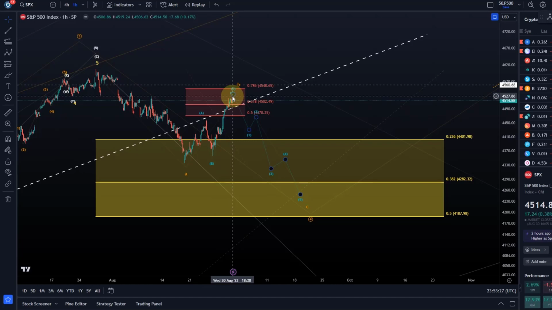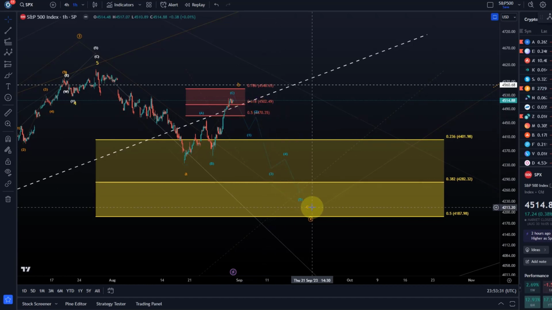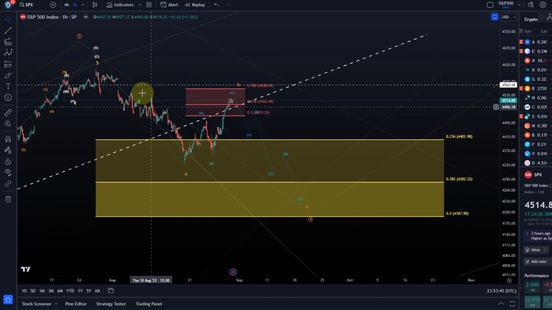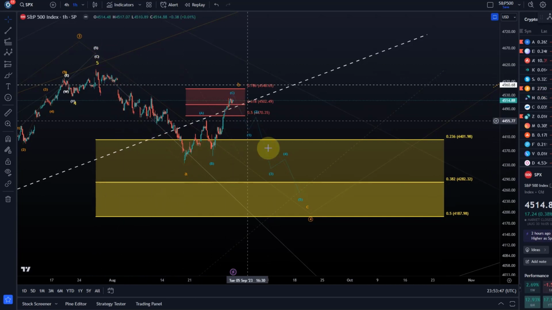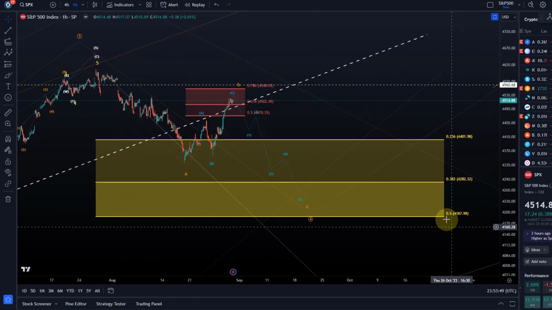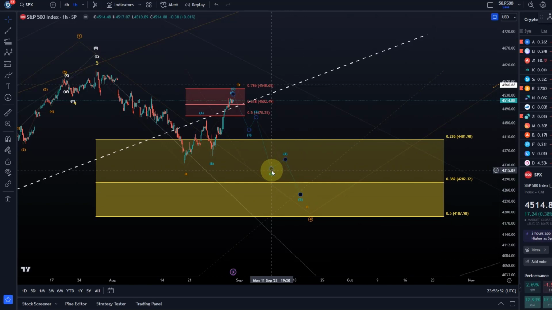But at the moment, the assumption is that this is only a B wave and we come down lower in C. Could be something more bearish, but I'm not going to lean much more bearish in the short term as long as we hold above support at $4,180, no, $4,188, and as long as we only have larger 3 waves down. If we get 5 down, below support, I'm starting to lean really bearish on the S&P 500.